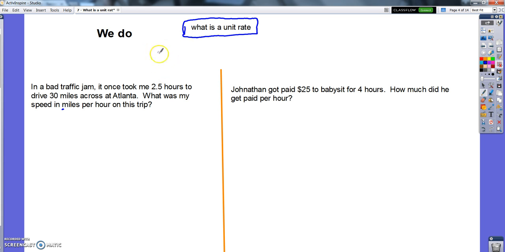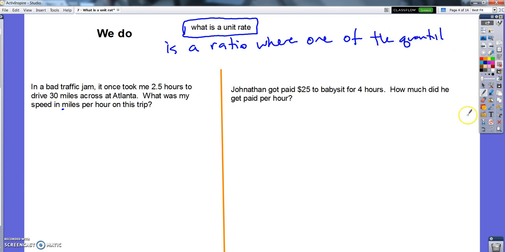The unit rate is a ratio where one of the quantities is equal to 1. That's a unit rate, equal to 1.